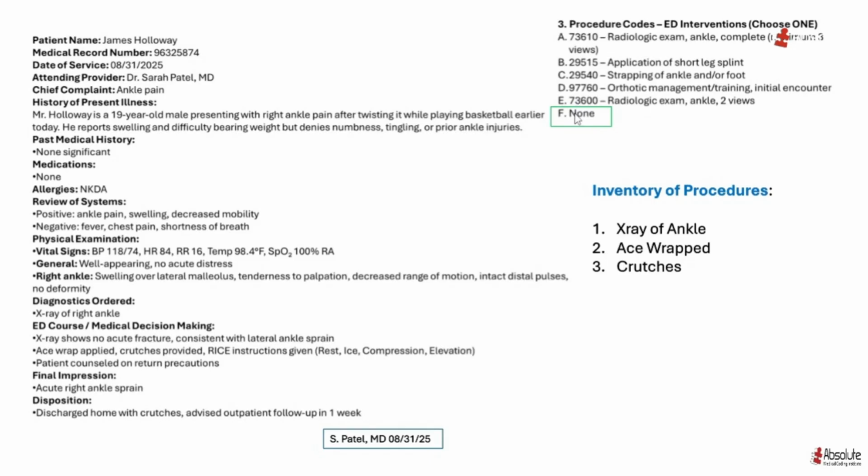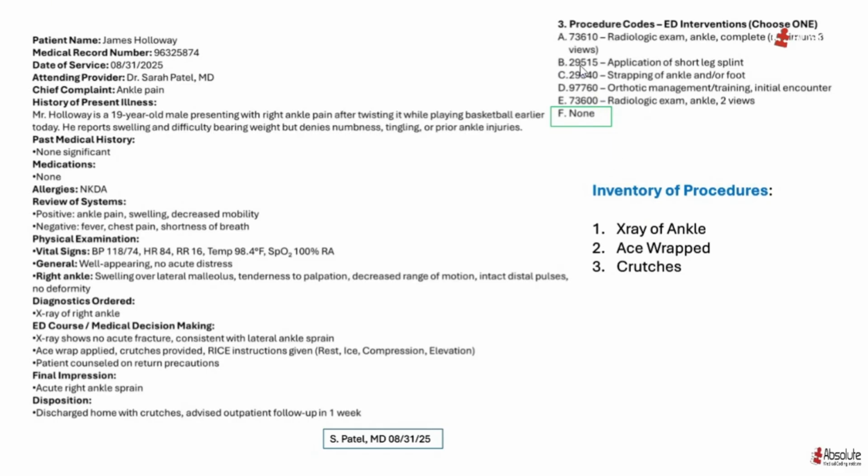And I'm still saying none. Do you know why it's none? Because on this list, the first code is an x-ray of the ankle. It's a complete one with a minimum of 3 views. There's no mention of the number of views in the documentation. So the answer is not on the list.